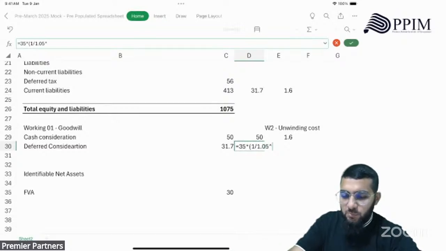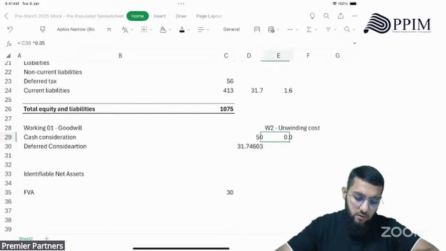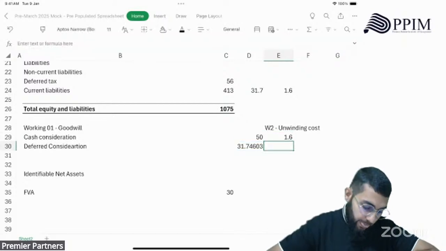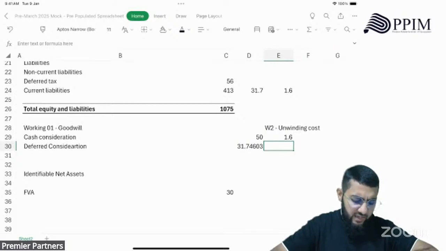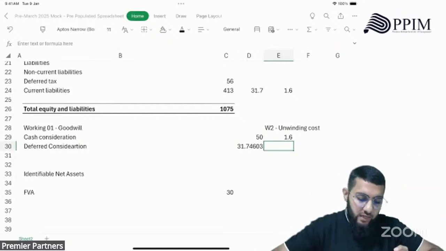Unwinding cost is going to be this into 0.0. There we go. Fair value adjustment of 30 is also impacting goodwill, so we are revising the goodwill alongside working on other areas.